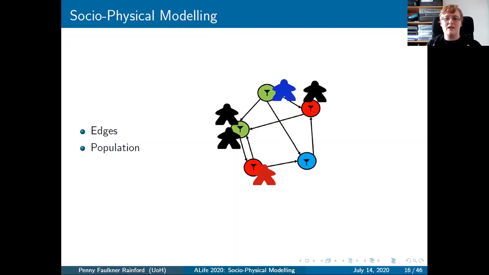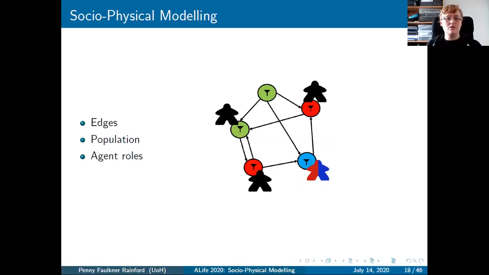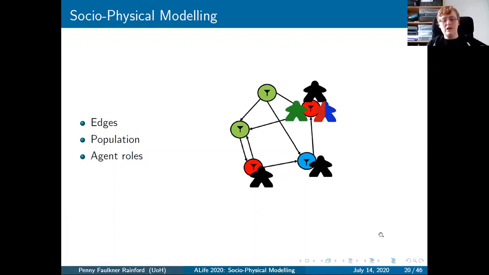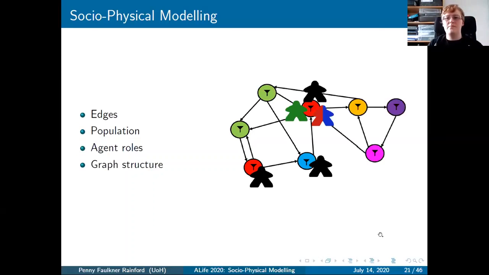We can also add extra population and diverse population with different roles or different types of agents. And we can lose them, and agents can change. So agents can add roles or lose roles over time. And maybe those new roles mean we get even newer roles that we've not really expected before.